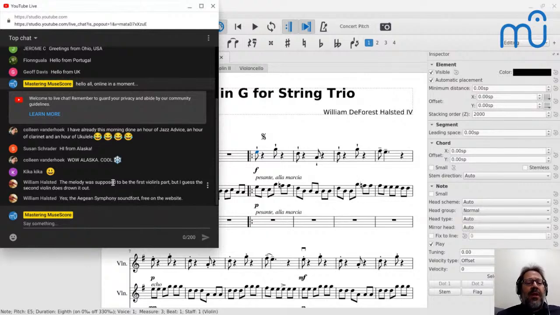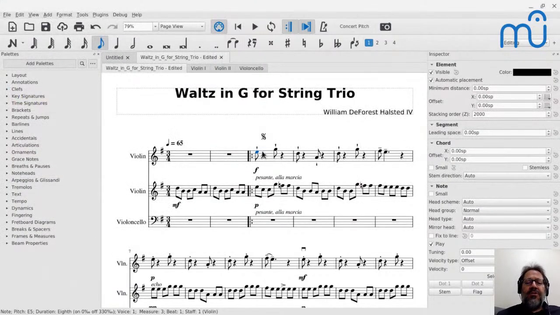All right, so the melody is supposed to be the first violins here. So this, bum bum bum bum bum bum bum. If this is the melody and this is moving stuff underneath it, that's really good information to know.